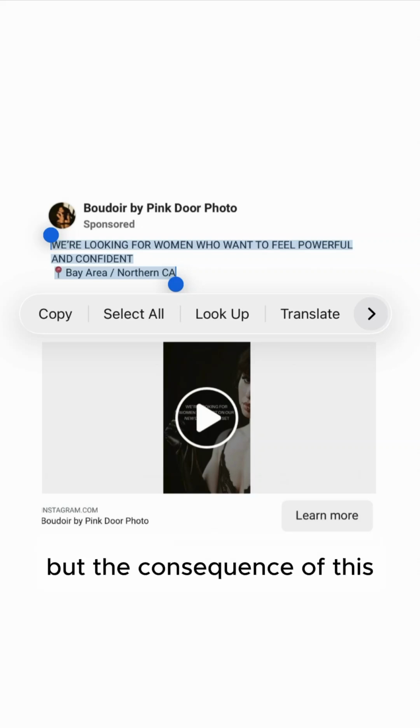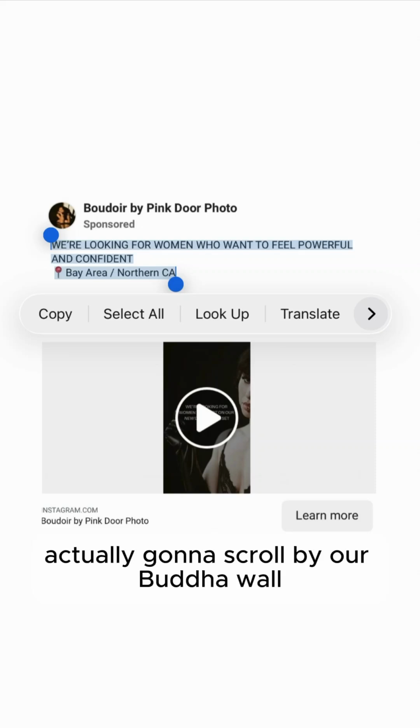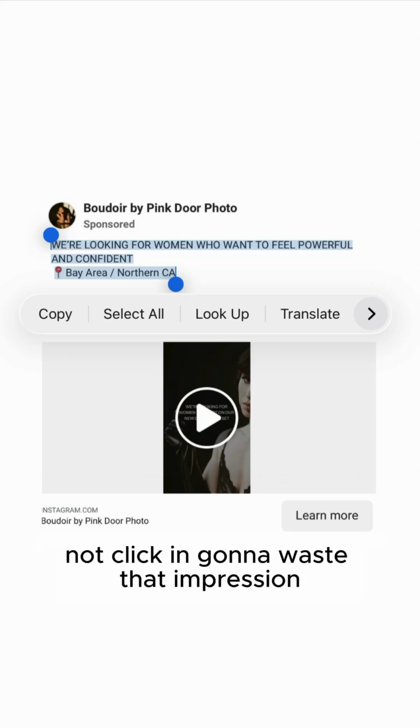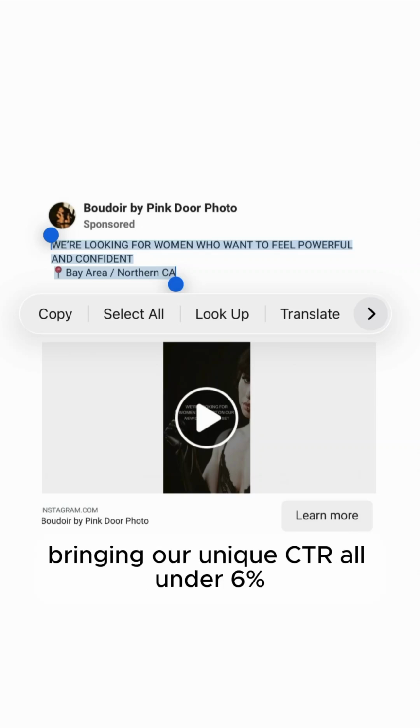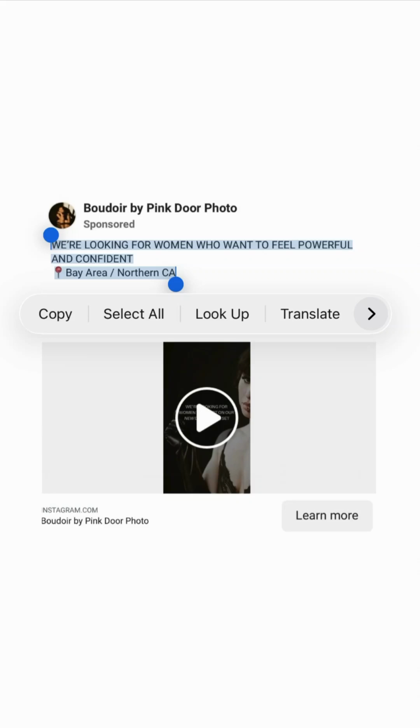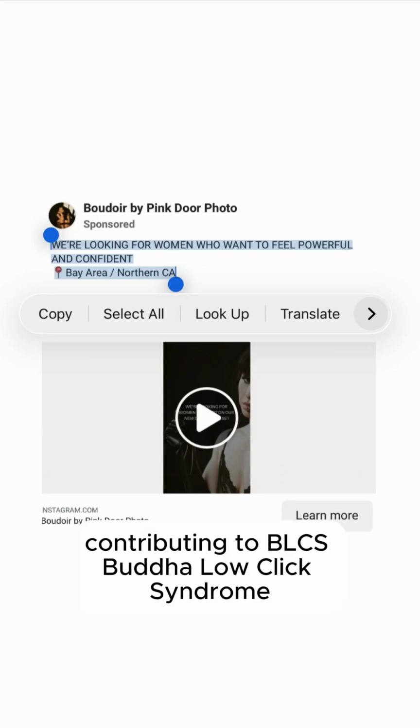But the consequence of making this mistake is way more women are going to scroll by our Boudoir Facebook ad, not click in, waste that impression, bringing our unique CTR under 6%, contributing to BLCS, Boudoir low click syndrome.